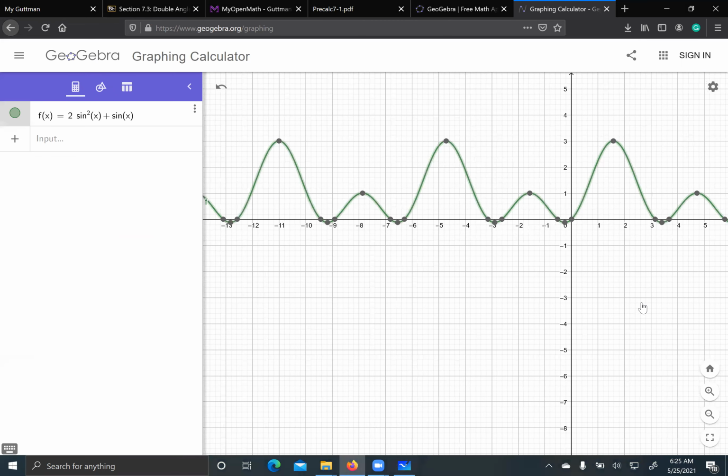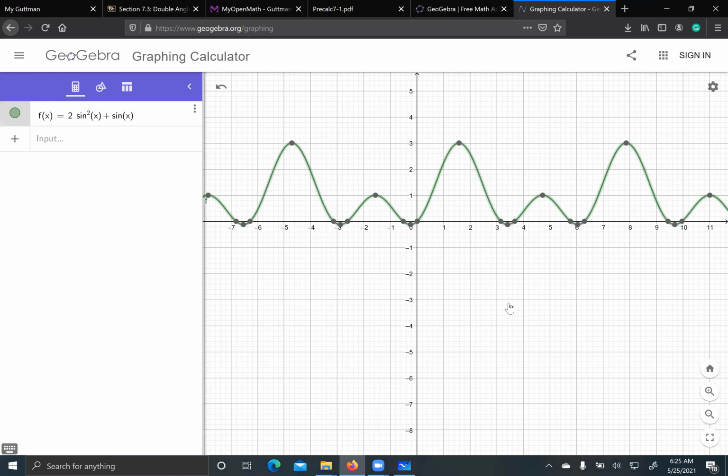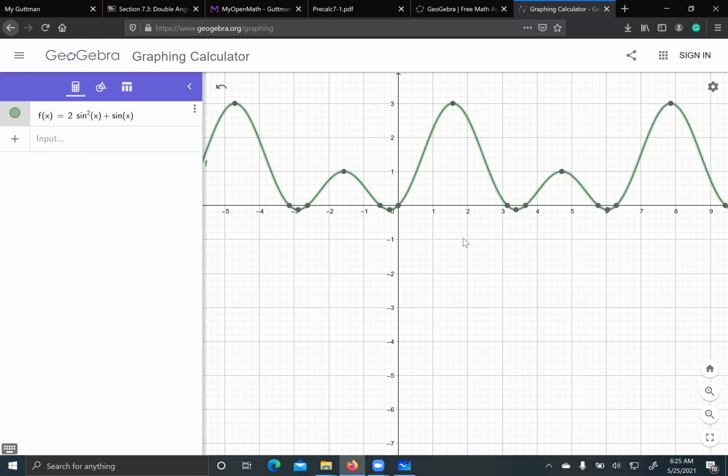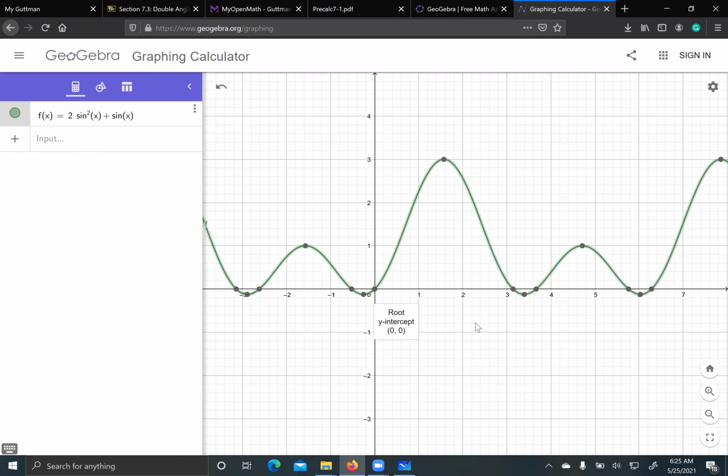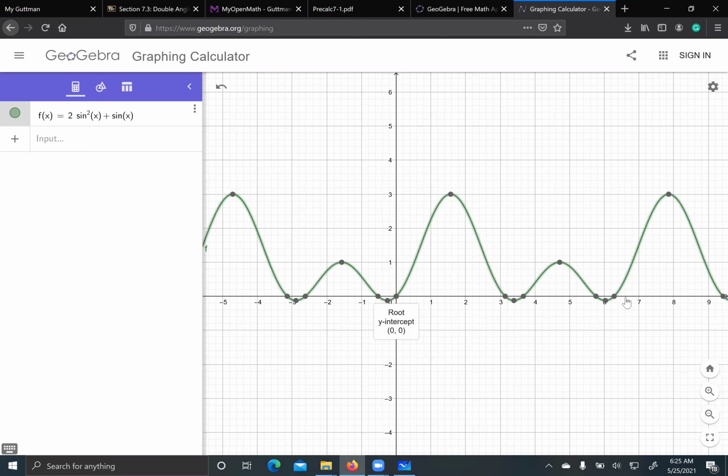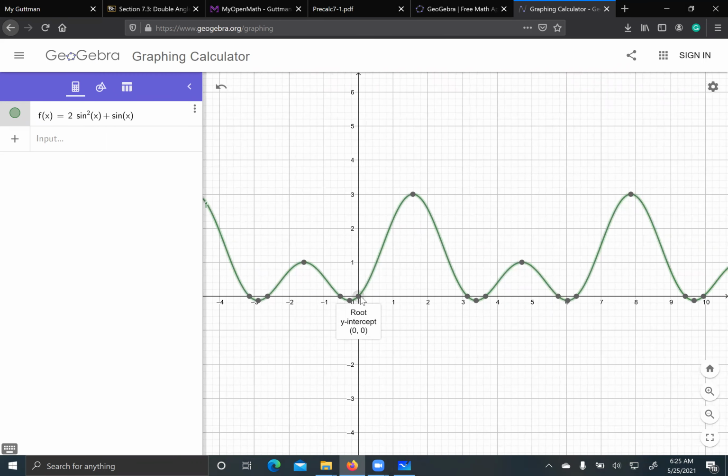And we are only looking at the interval of 0 to 2 pi. This is 0, right? 2 pi is about 6.28, it's here. So as you can see, there is one zero here, which is 0, and then there are 2 zeros here, and then there is 1 here.